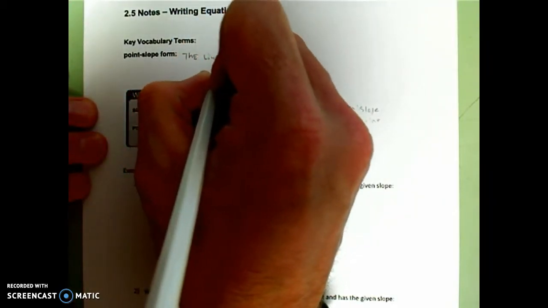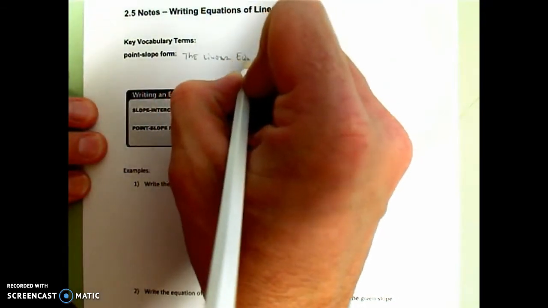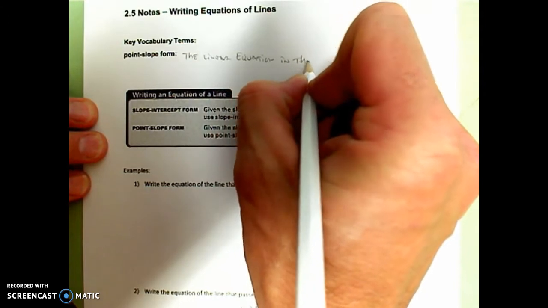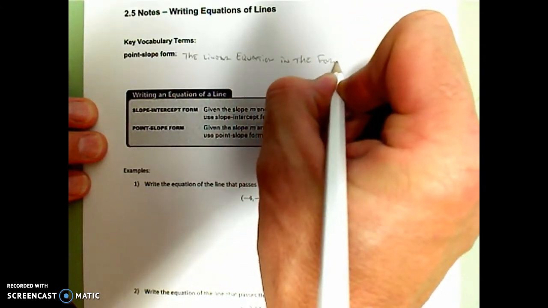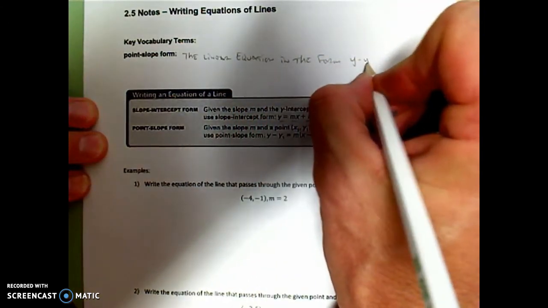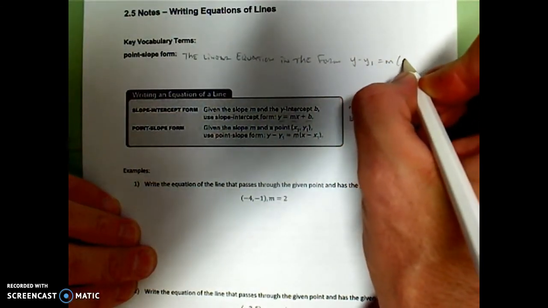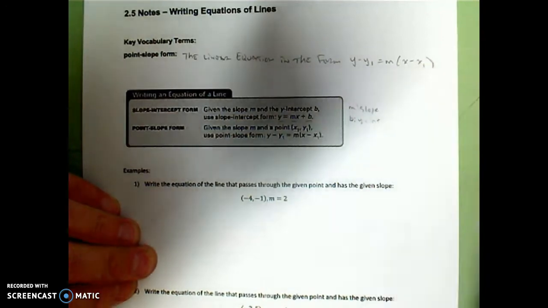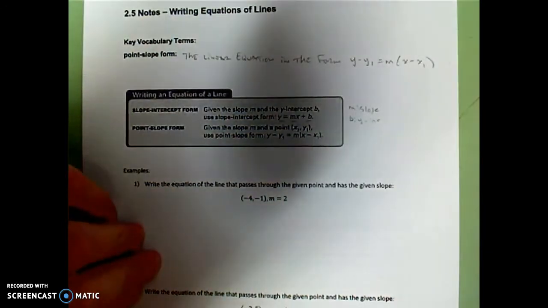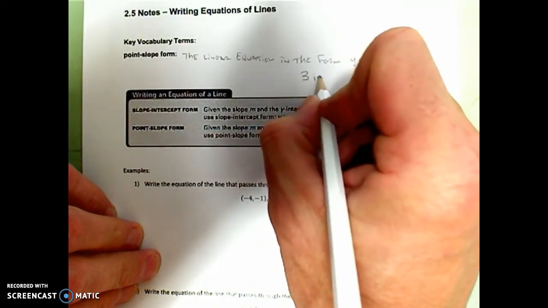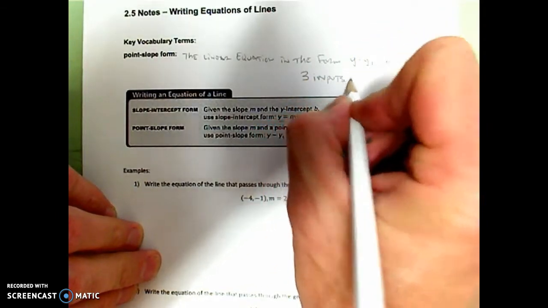We're going to just define that, the linear equation in the form y minus y1 equals m times x minus x1. So we've got a jumble of letters here, just alphabet soup. Big important thing, there's 3 inputs.